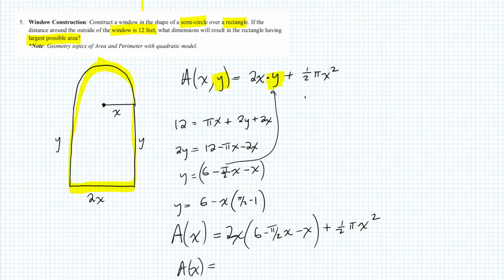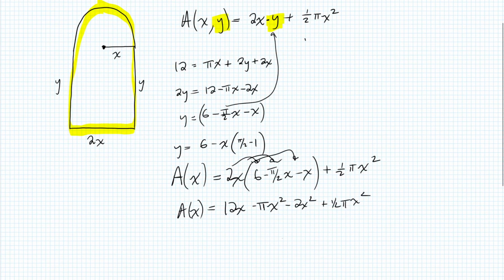And I know I'm just going to plug that into Desmos, but I think it could be helpful to simplify it. So I'm going to distribute this 2x through, and I get 12x minus pi x squared minus 2x squared plus 1/2 pi x squared.